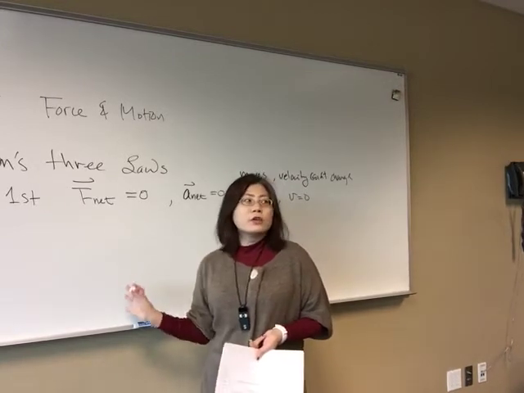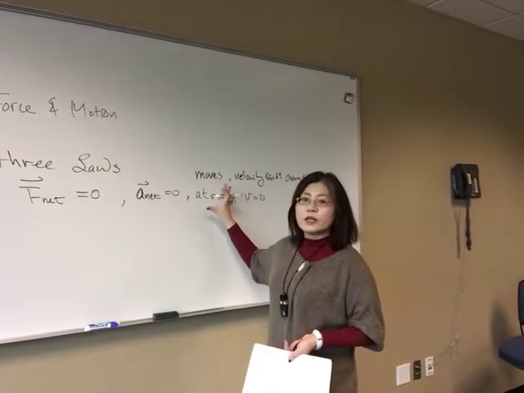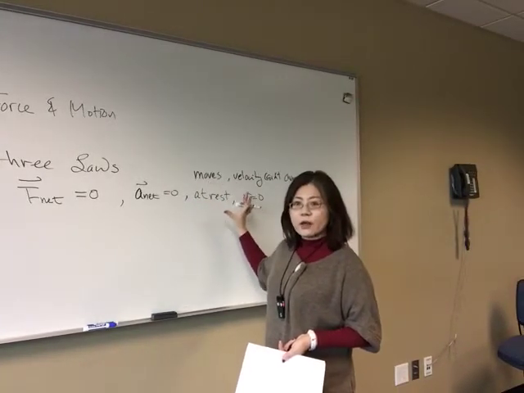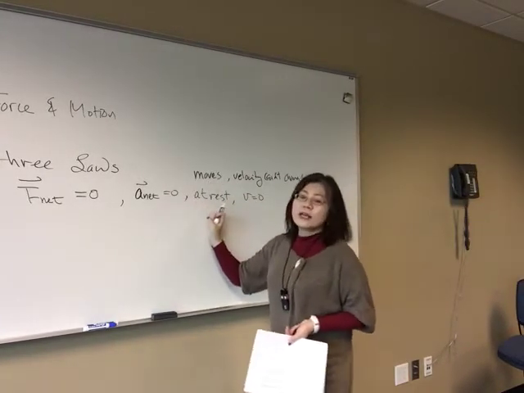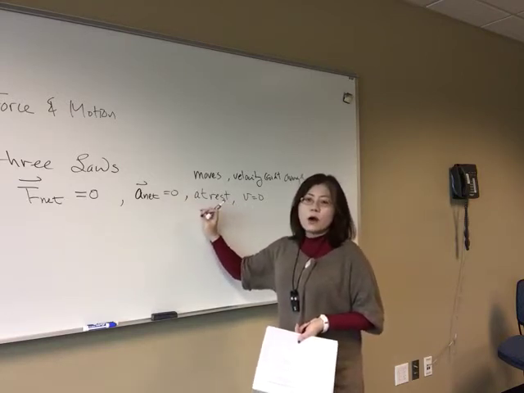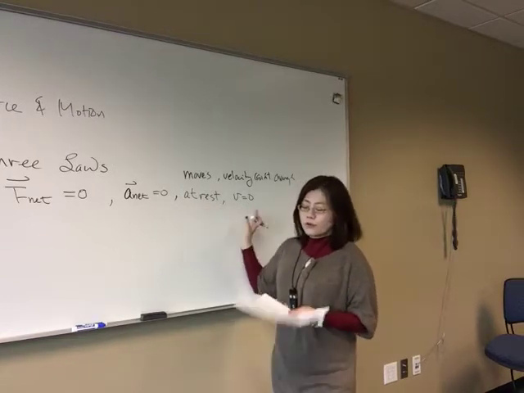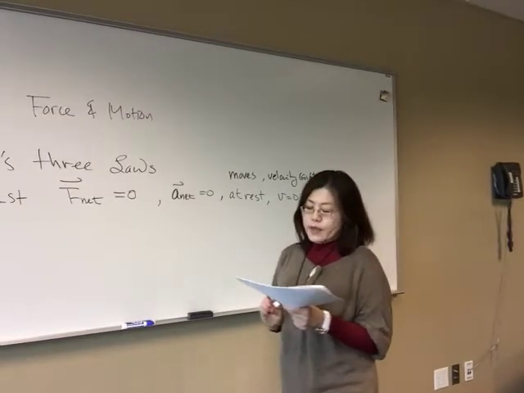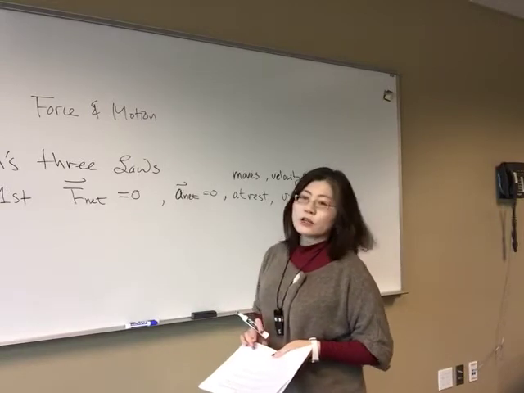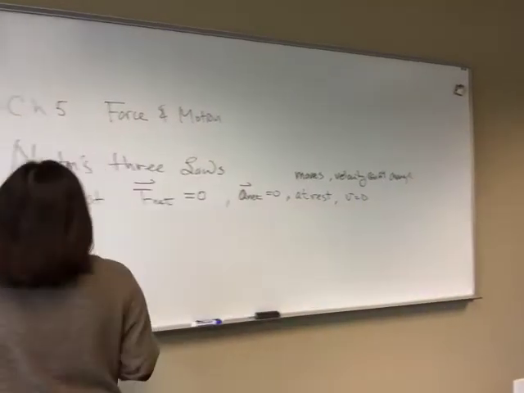When there's no acceleration, if the object is initially moving, it will continue its motion without changing its velocity. If the object is initially at rest, with no velocity, then it's going to stay at rest the whole time. Okay, so this is what we call the first law of Newton's 3 laws.